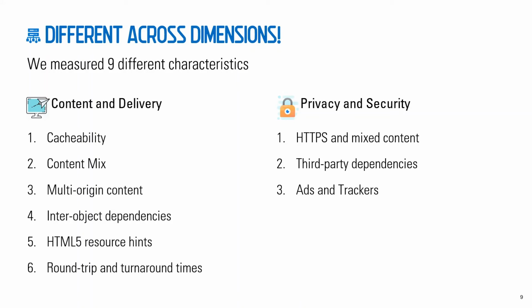For the first point, we determine whether internal pages are delivered over HTTPS or not, and when they are delivered over HTTPS, is there any mixed content? That is, are there any insecure resources mixed in with mostly secure content? Then we examine the number of third-party dependencies on internal pages that are never seen on landing pages.